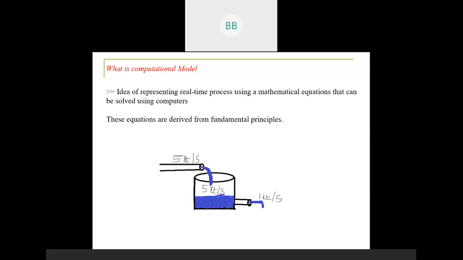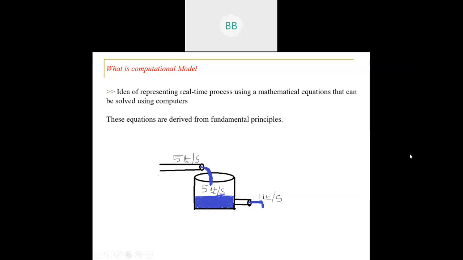In this section, I'll be explaining different types of computational models available for designing the prototype of the embedded system. Now, let us first understand what a computational model is.